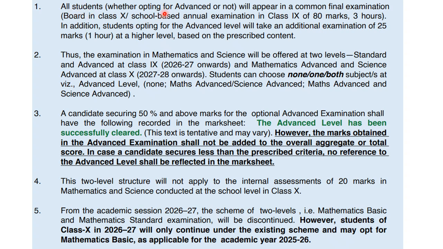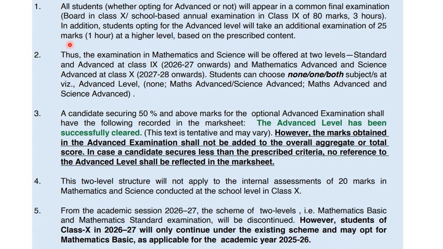And the marking is like this. All students, whether opting for advanced or not, will appear in a common final examination, board in class 10 and school based in class 9, of 80 marks, 3 hours. In addition, students opting for the advanced level will take an additional examination of 25 marks of 1 hour at a higher level based on the prescribed content. So after finishing this 3 hours exam, you can opt for this 25 marks 1 hour extra.